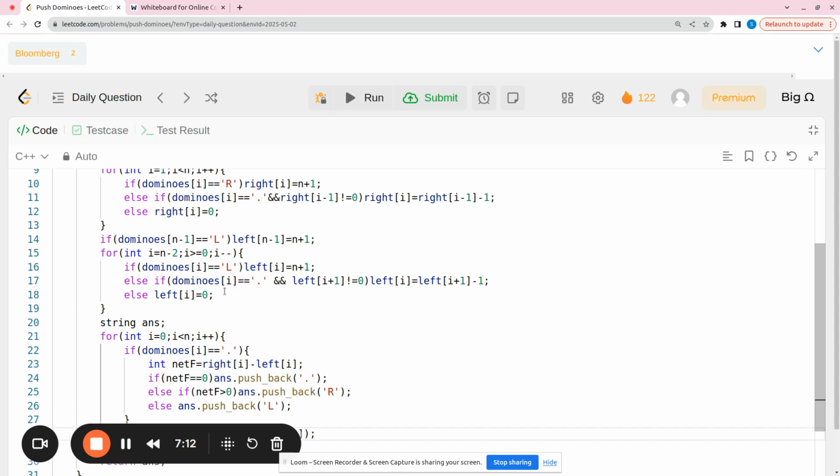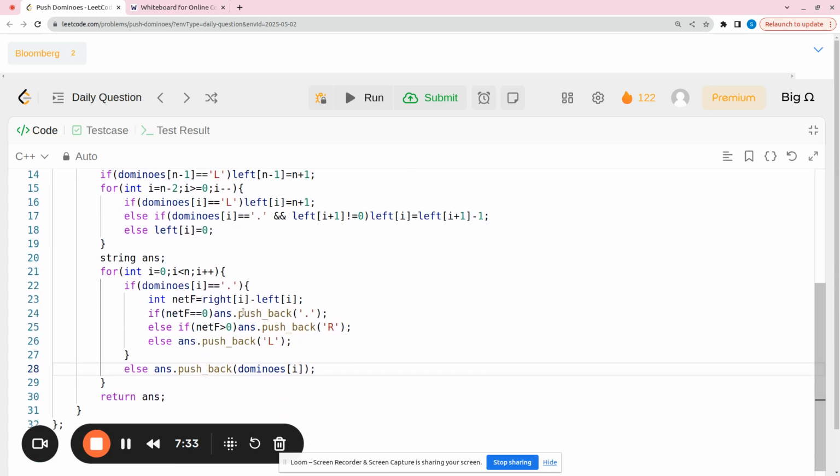If any domino is standing still but its neighboring domino has some left force, we'll give this domino the left force of the neighbor minus 1. And if we have pushed the ith domino to the right side, the magnitude of left force will be 0.